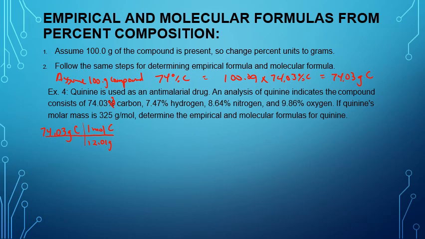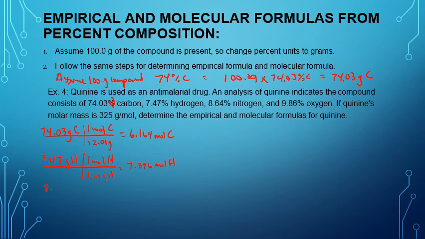And when we do that, we end up with 6.164 moles of carbon. We have 7.47 for my grams of hydrogen, and we need to convert that into moles as well. So 1.01 grams of hydrogen, and that will give us 7.396 for our moles of hydrogen.